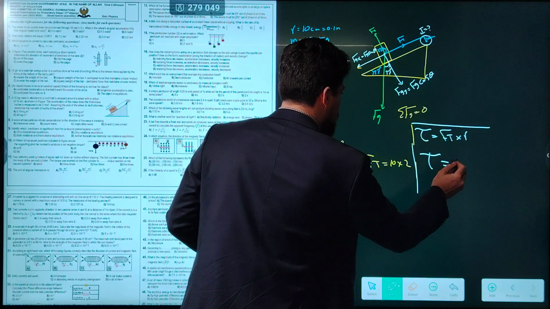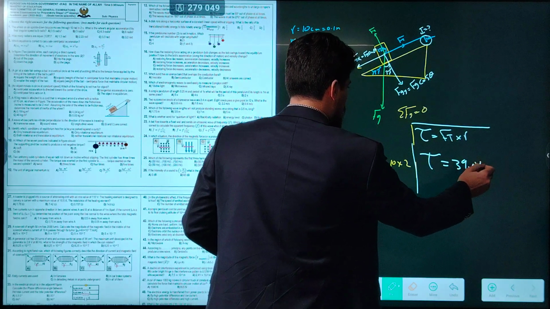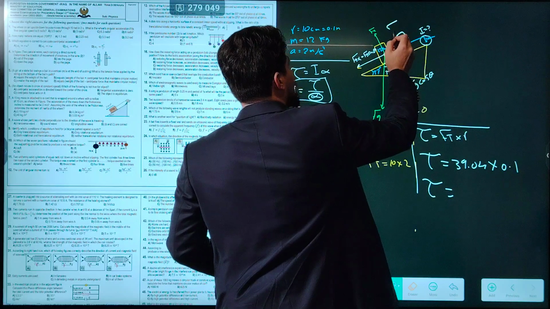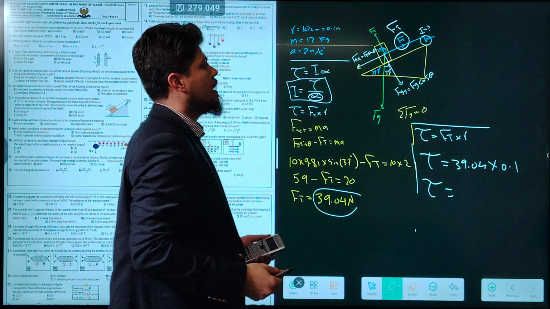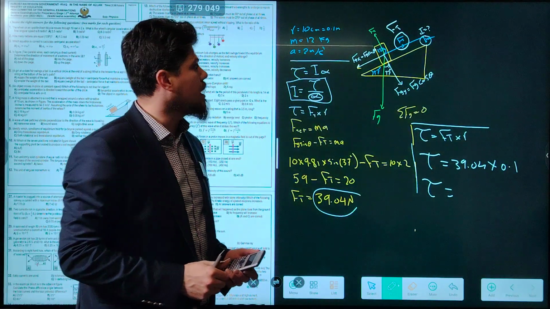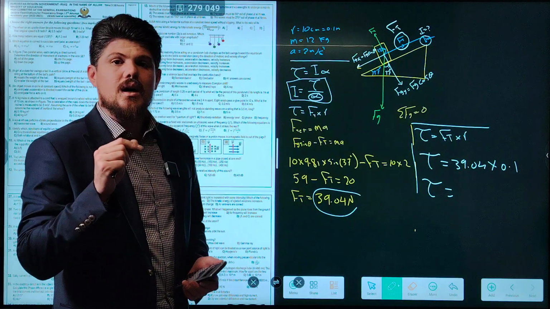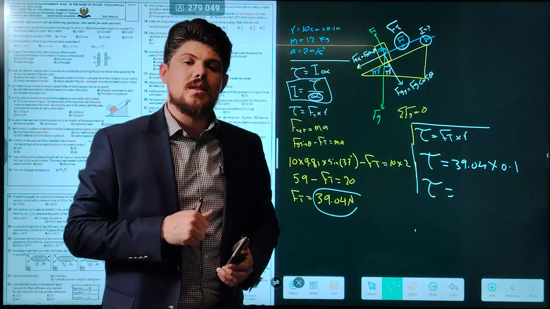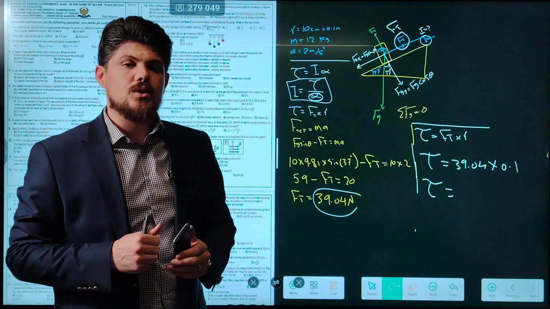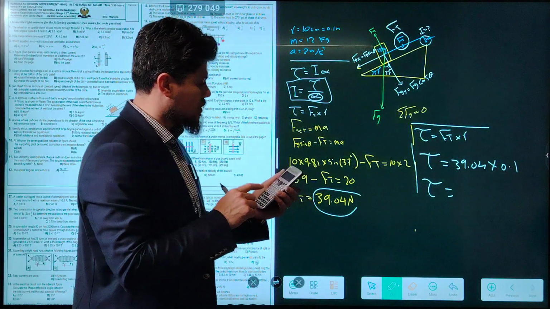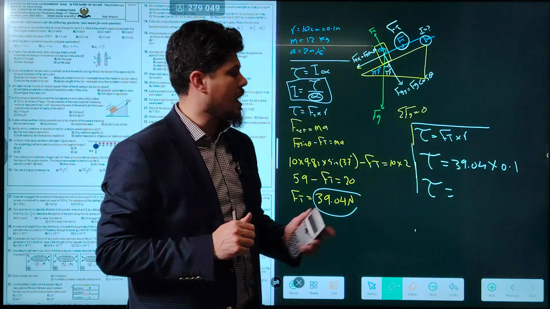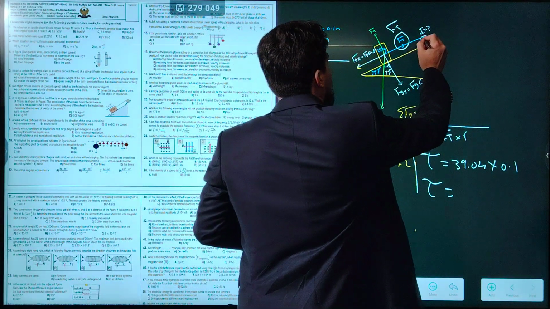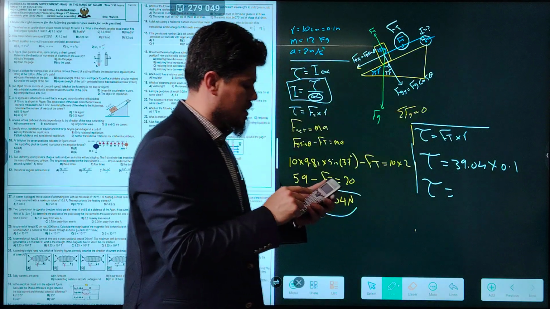Torque is equal to Ft, 39.04 times 0.1, guys, because the force exerted on the edge of the wheel, a rigid body, acts with the radius of the wheel as the distance from the axis of rotation to the edge of the wheel. To determine the amount of the torque, we have to use this equation, Ft times R, and the angle between Ft and R is perpendicular. Sine 90 is 1.